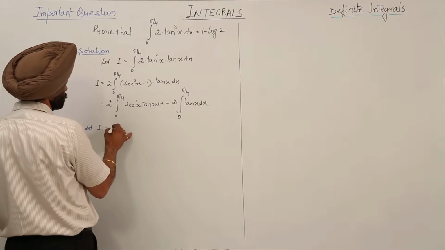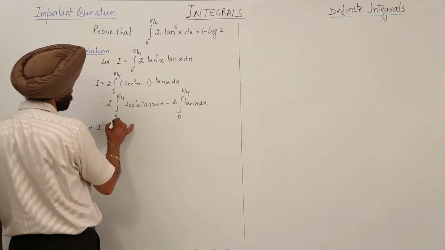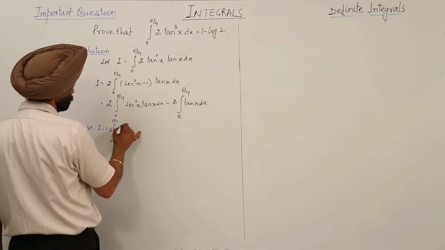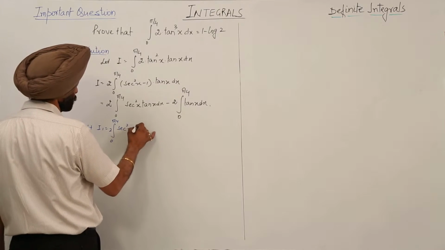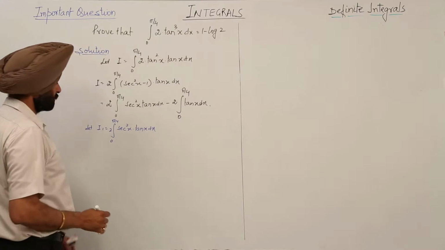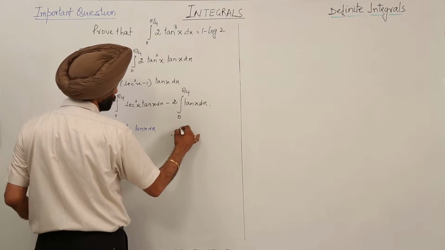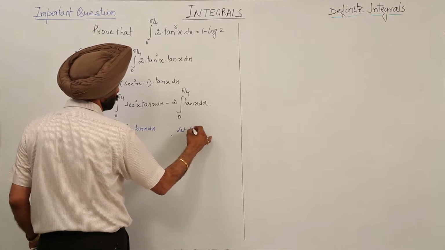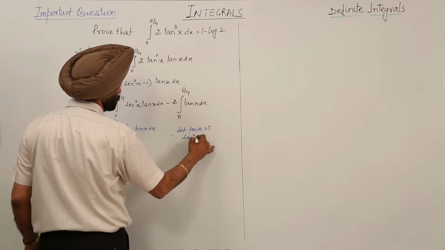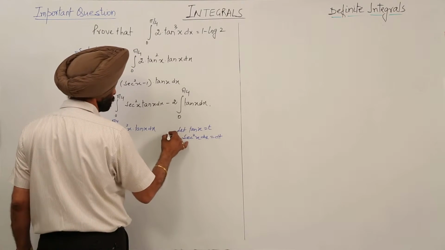Okay. Now let I1 be equal to the integration from 0 to pi by 4 of 2 secant square x tan x dx, solving individually. Now let tan x be equal to t; on differentiating, secant square x dx is equal to dt.